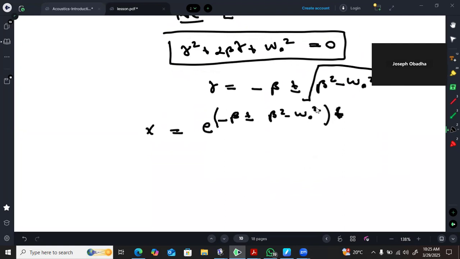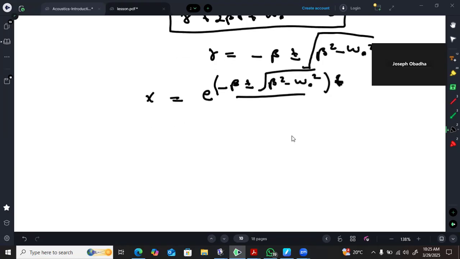But we can understand this a little more by looking at this equation in a little more detail, by making some substitutions.